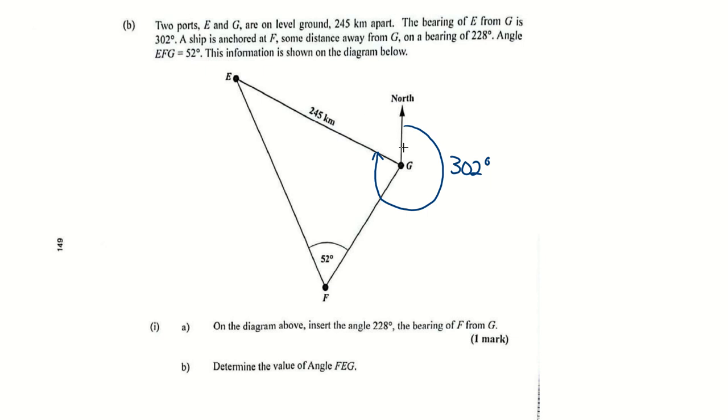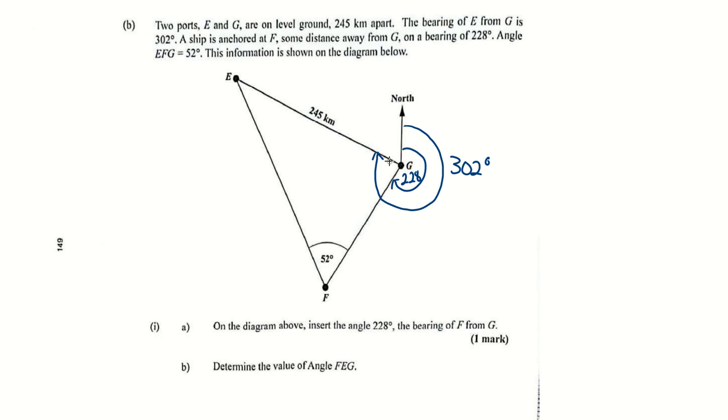A ship is anchored at F, some distance away from G, and the bearing of F from G is 228. So they're telling you from here to here is 228. We know the angle from the north line to the E line is 302 and from the north line to the F line is 228.